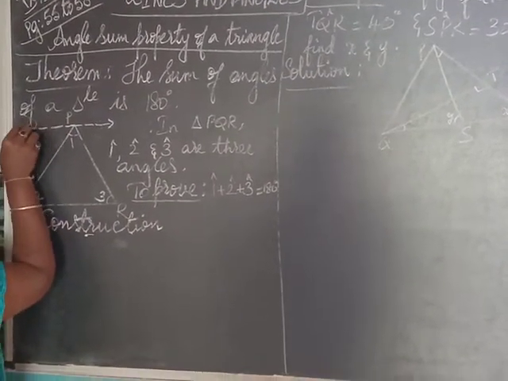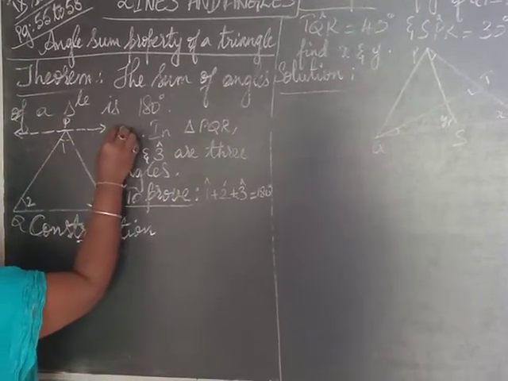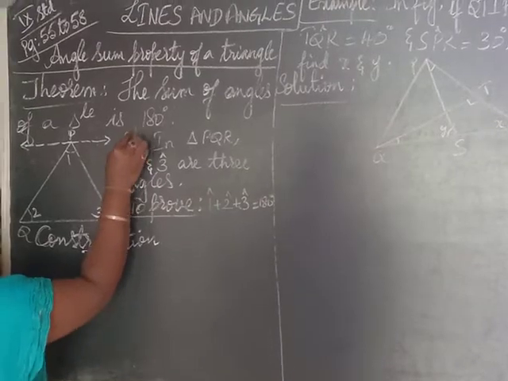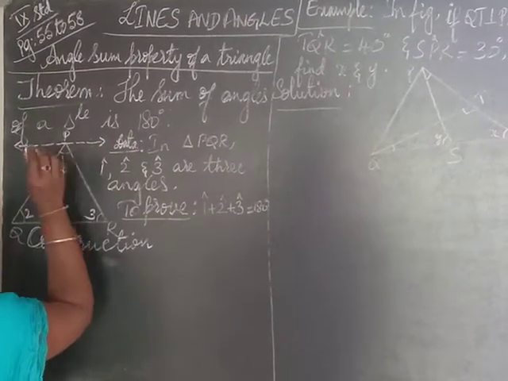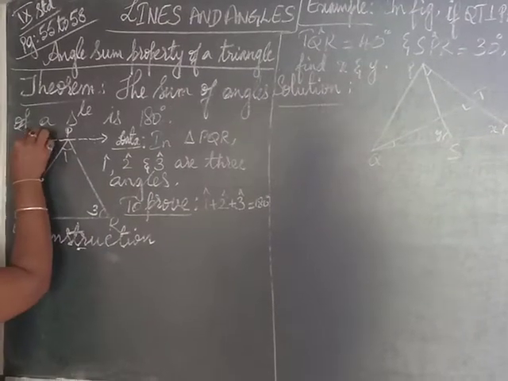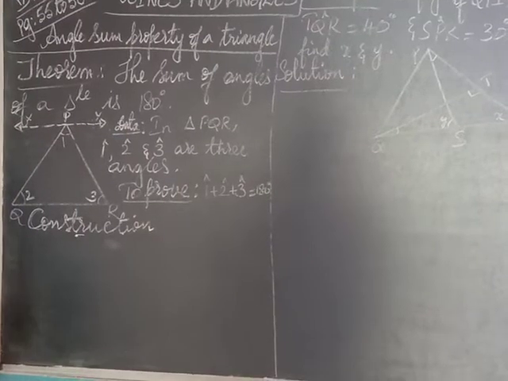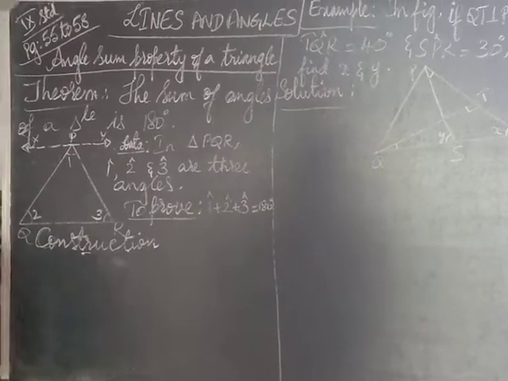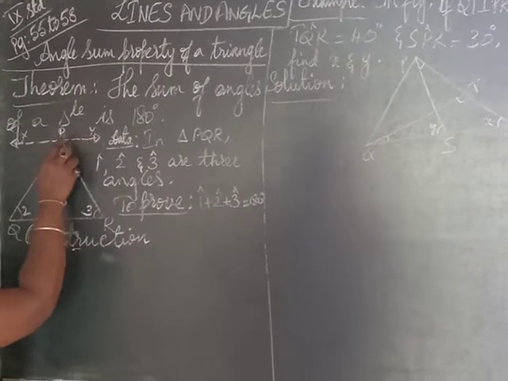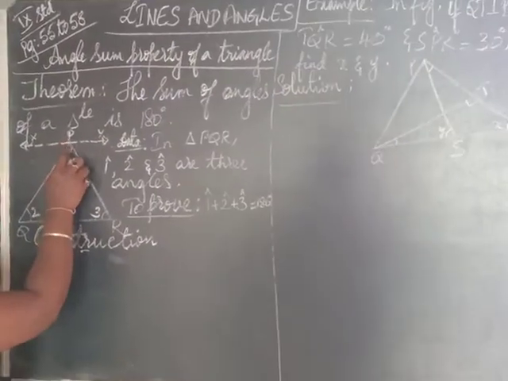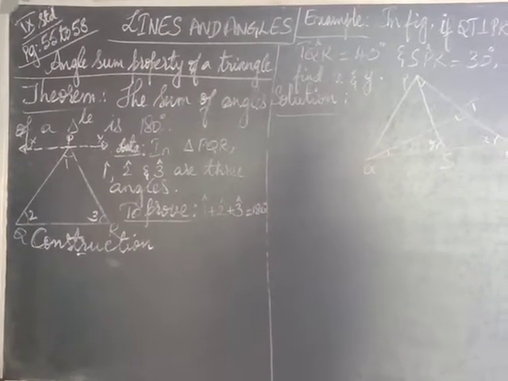This is P. Now let us call these points X and Y. So what we did here, we have drawn a line XPY through P, and it should be parallel to QR.